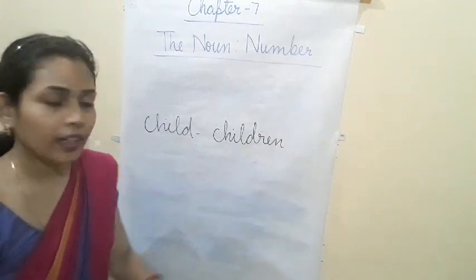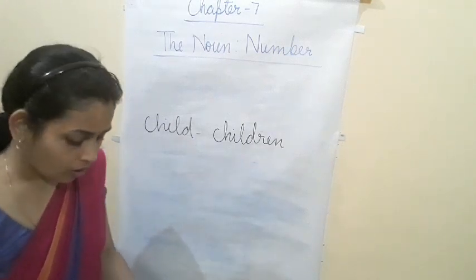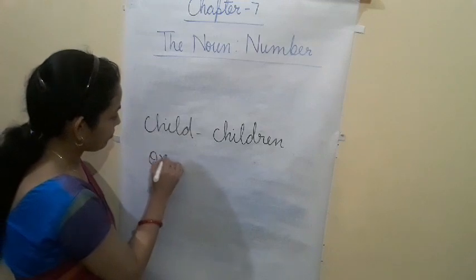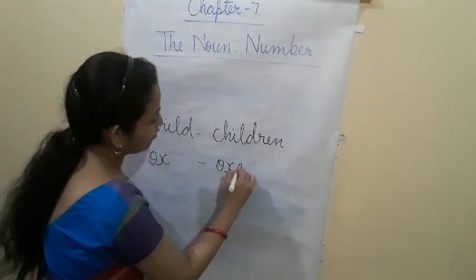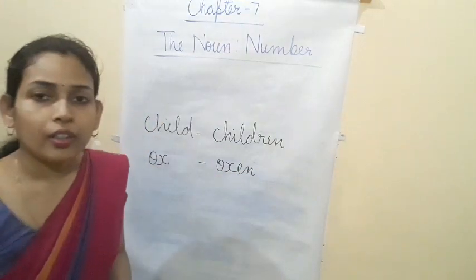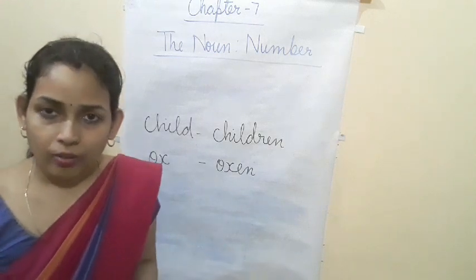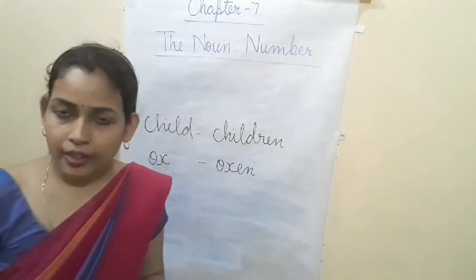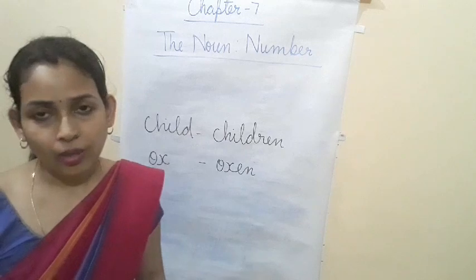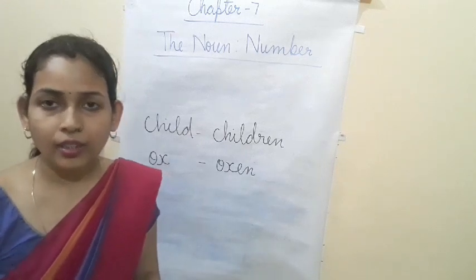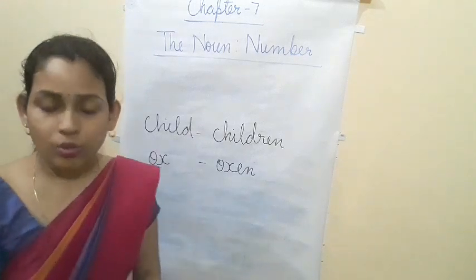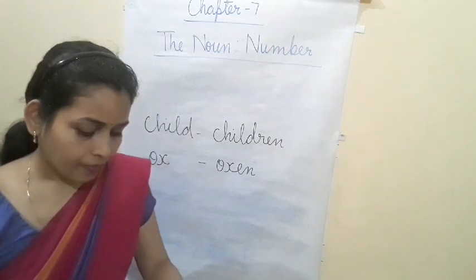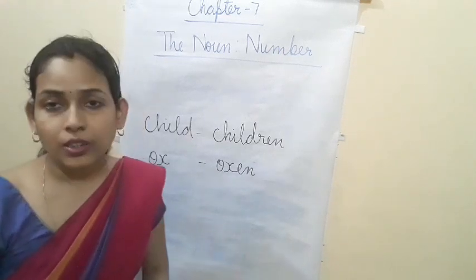I have added here R-E-N. So ox, oxen. So it is not necessary everywhere that we add only S, ES or IES. Sometimes with some of the singular nouns we make the plural in this way also. Here you can see many examples given on page number 30.